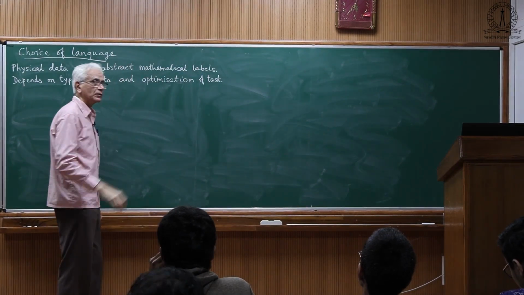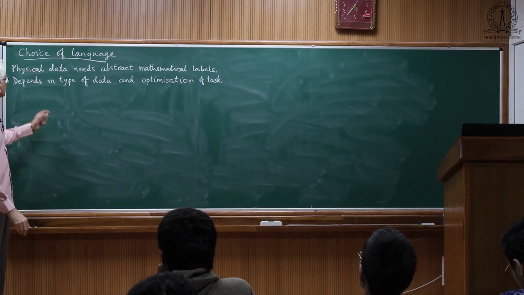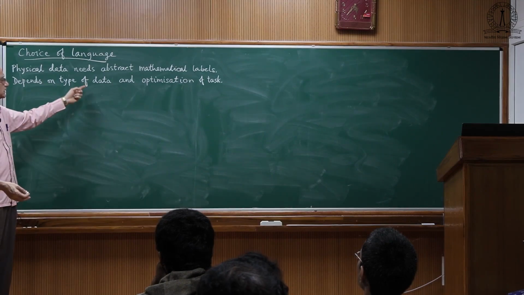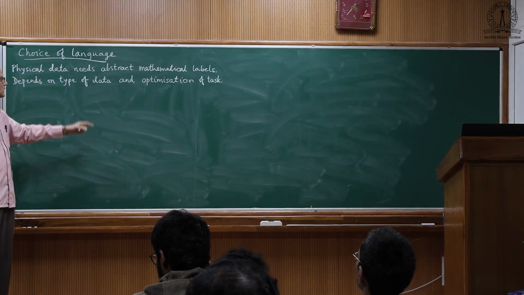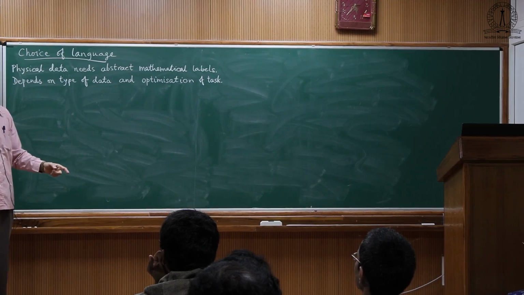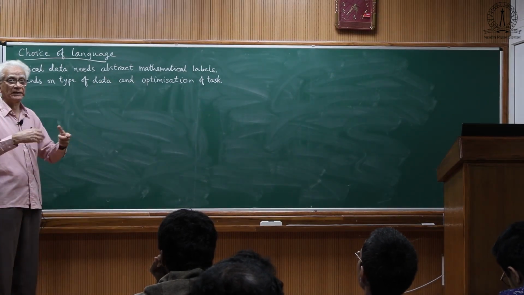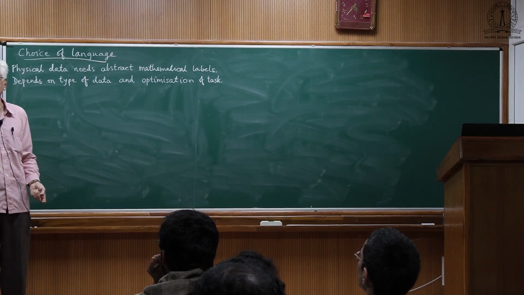This is at the back of our head, whatever it is: where is the data coming from, what kind of thing is it, is it light, whether it is sound, whether it is some picture, whether it is some text. All those kinds of things will require some description in the mathematical language.